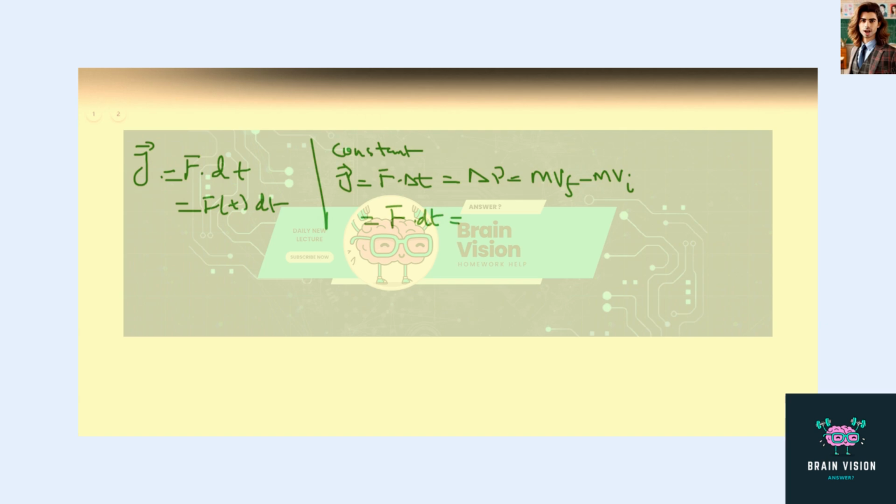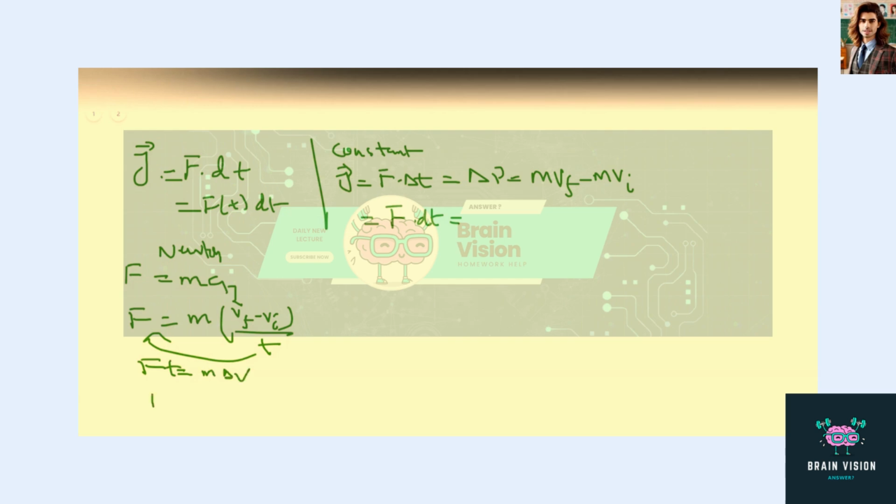You can recall from previous chapters that F equals ma. That's Newton's second law. Also, acceleration is v final minus v initial over time. So if you bring this t right here, F t is the same as m delta v.